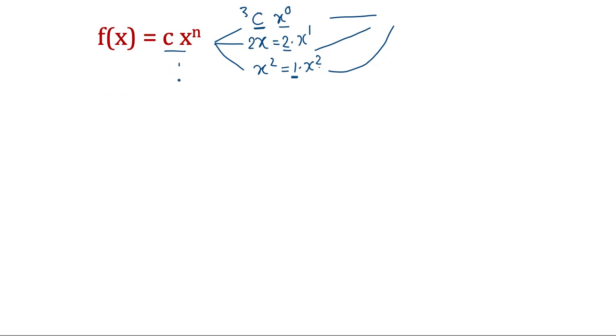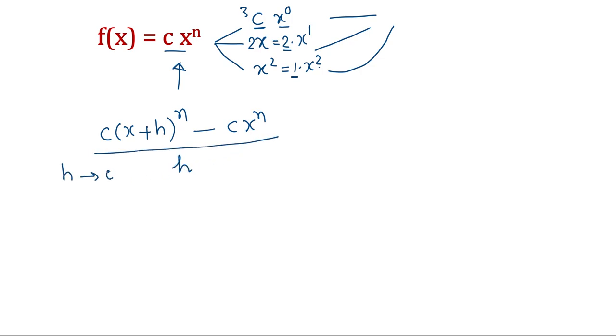Now let's apply this to a generic polynomial function, and let's apply the first principle. So c times (x plus h) raised to the power of n minus c x to the power of n, divided by h. And h is infinitesimally small. So let's keep c common and expand this.